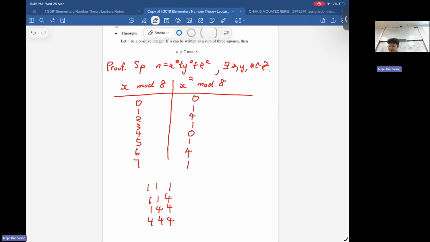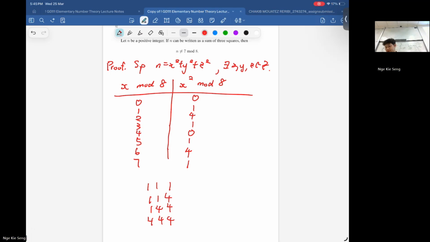Wow, there's a lot. Should we include a zero case? I think we should. Okay, let's include a zero case. So 3 times 3 times 3, how many possibilities? 27. But we don't care about the permutation, right? So we can reduce a bit.